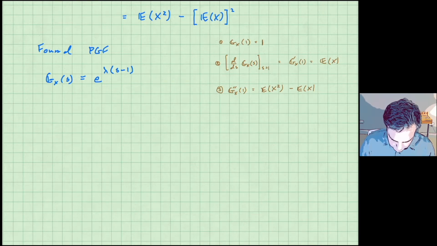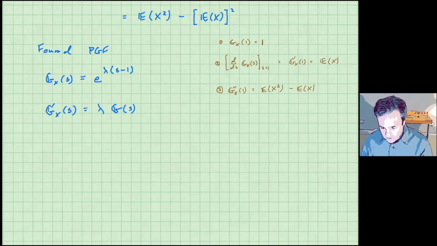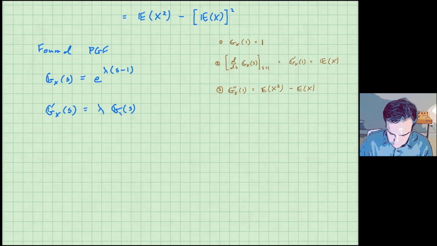So the first derivative of this guy, it's quite simple. All we do is bring down a lambda, and the quantity we're left with is actually the original function. So I'll just put that there like this. And that'll be handy because we know that the original function, the probability generating function, when you evaluate it at s equals 1, it gives you back 1.